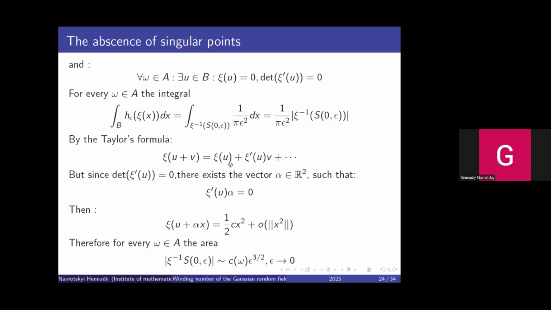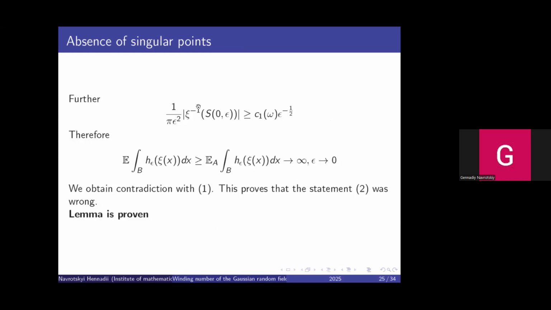And therefore, the pre-image of our ball is just some ellipsoid with one axis of the order square root of epsilon. So it is proportional to epsilon to the power 3 over 2 when epsilon goes to 0.